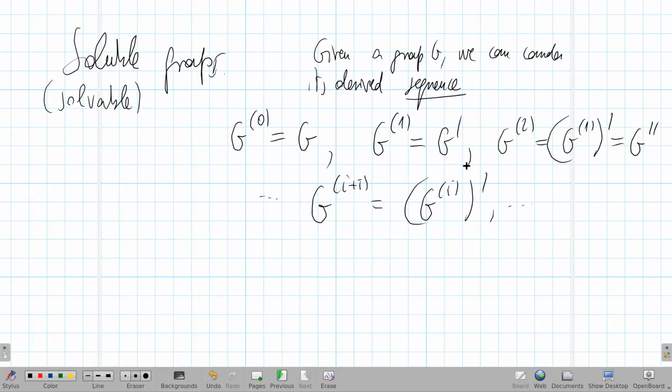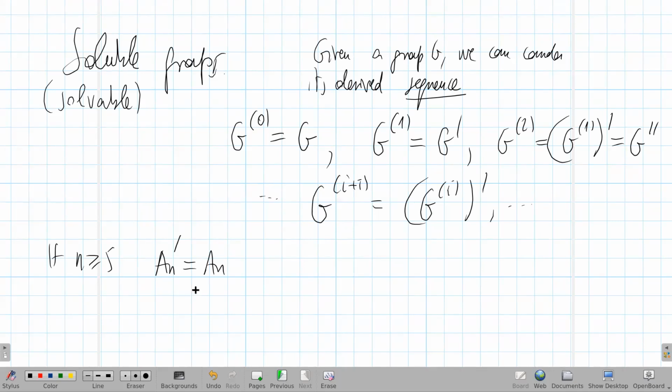So note that in general, in a group, this sequence can be rather trivial. For instance, the previous exercise shows that if n is greater than or equal to 5, we have, I left you as an exercise to prove, that A n prime is A n.